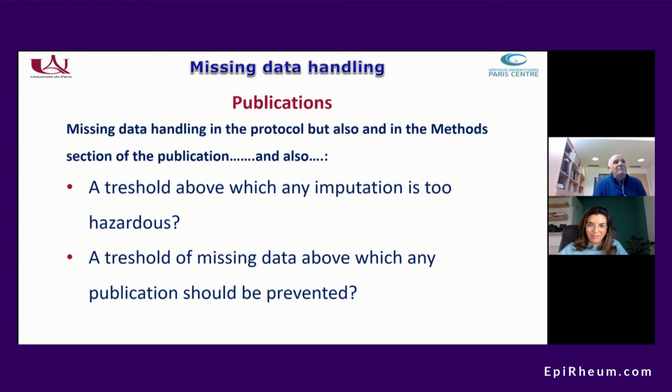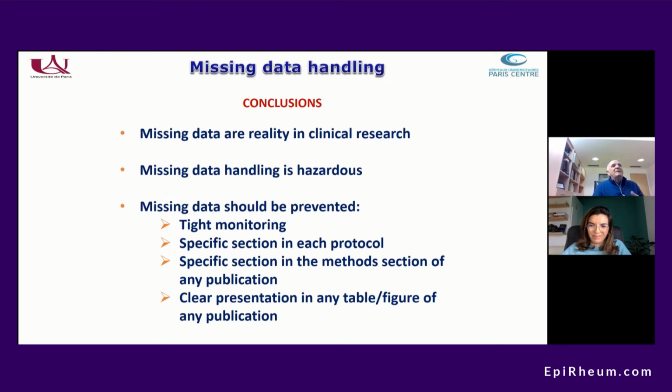That's questionable. So that's my conclusion: please make a lot of efforts in order to try to prevent the missing data. I gave you some clues here, some tips, but the most important, again, is the implication of the principal investigator in the monitoring of the study.